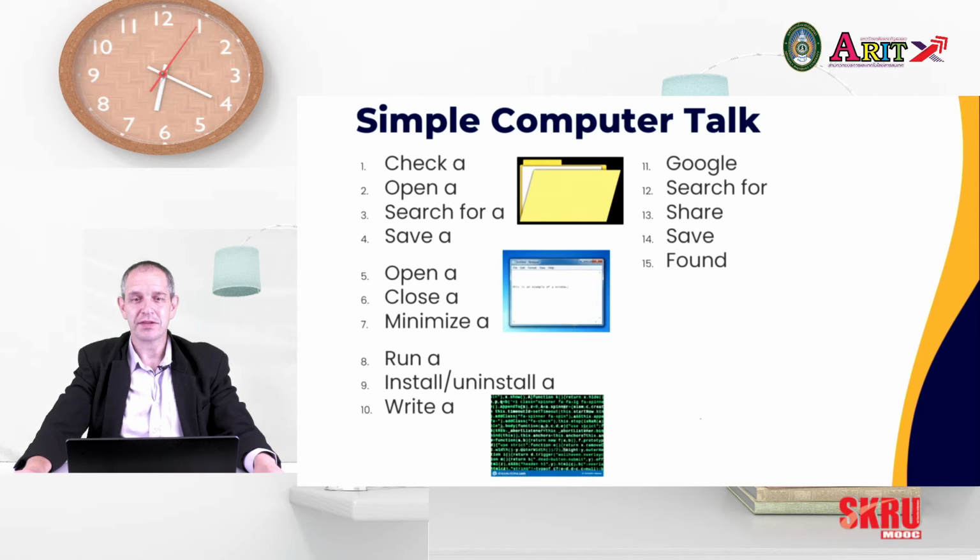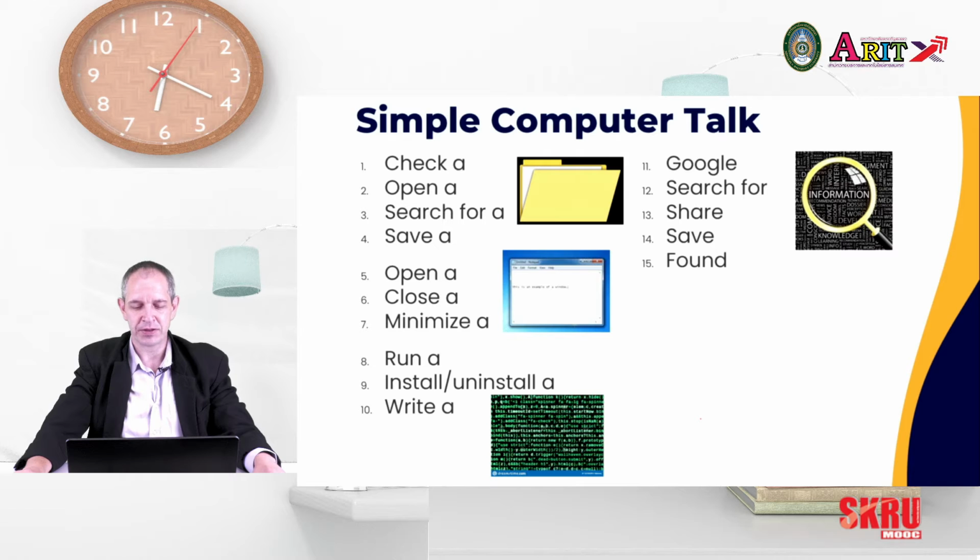Run a program, install a program, write a program. We have Google, search for, share, save, find. Information. So Google information, search for information, share information, save information, find information.